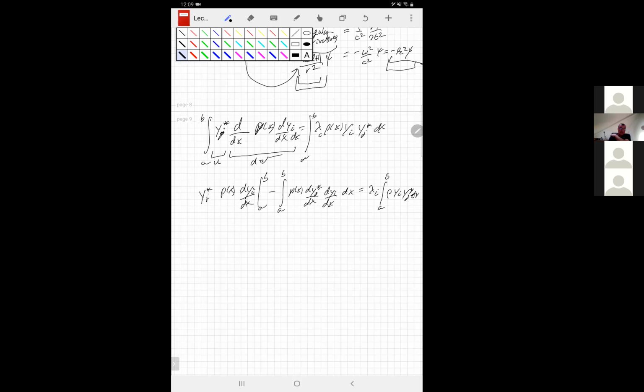Now here's the thing, I could swap i and j. If I swap i and j, this is symmetric. This is symmetric. This is 0.